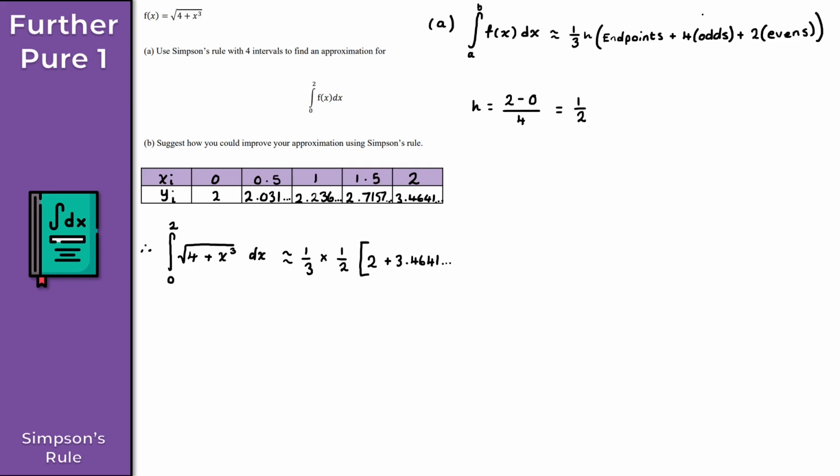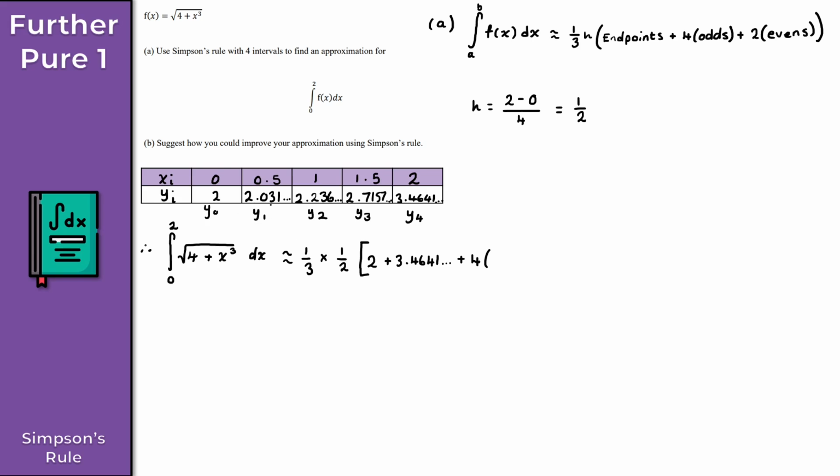We then have 4 lots of the odds. Just in case you're confused what actually corresponds to the odds and evens, we start with this being y0. This is y1. This is y2. This is y3. And then finally, this is y4. Clearly then, y0 and y4 are my endpoints. In that case, y1 and y3 are my odds. And we get left with one singular even value, which is y subscript 2. So I get plus 4 times the odds here.